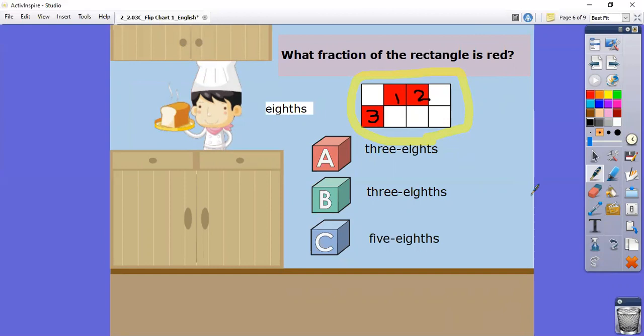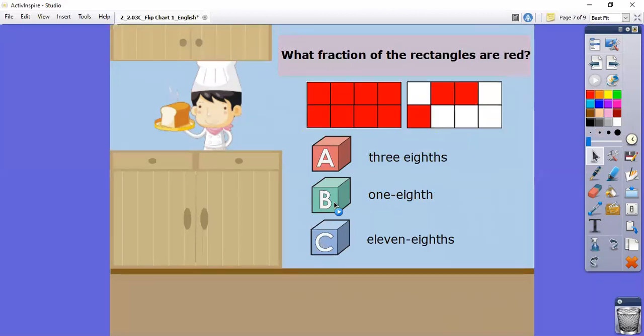So this is showing me that my answer is 3 eighths. I have 3 eighths, not 3/8. This is wrong because it's missing the H, but my actual answer is going to be 3/8. What fraction of the rectangles are red?